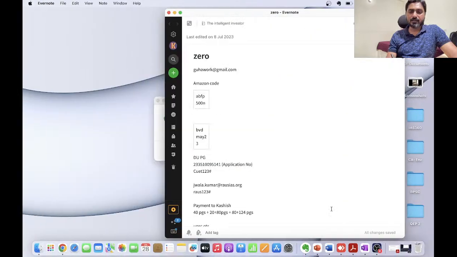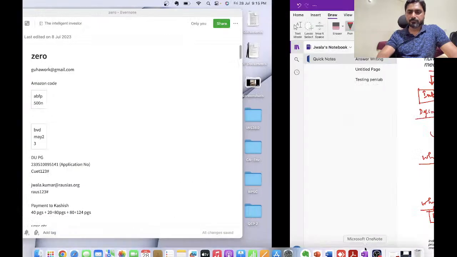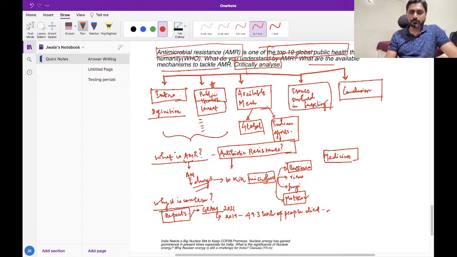and these were direct deaths. It means AMR itself was responsible. It also said that in 2019 it led to around 12.1 lakh, sorry, this was indirect death, and this was direct deaths.